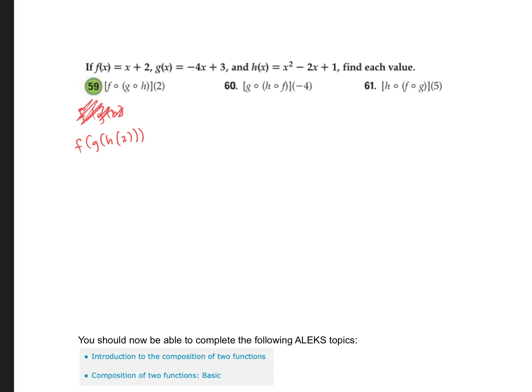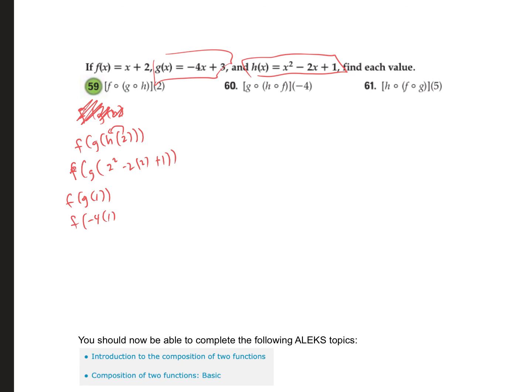And again, we're going to work from the inside out. So we're going to take 2 and plug it into h. That's this. So that would be 1. And then take 1 and plug it into g. And then take -1 and plug it into f.